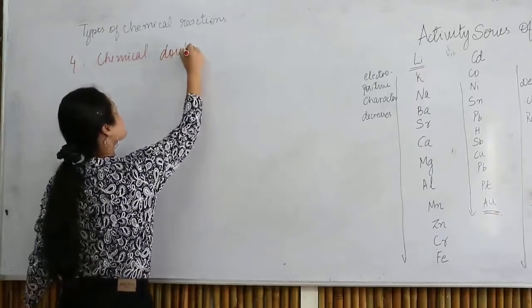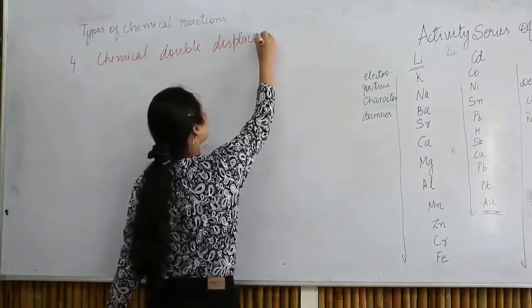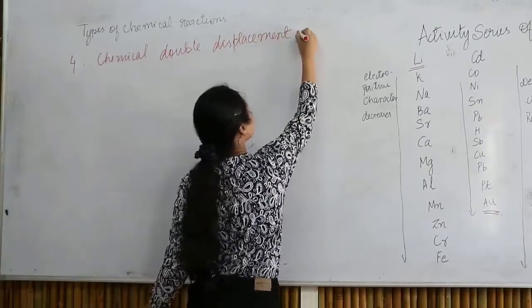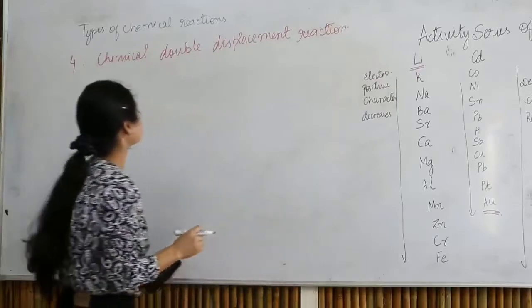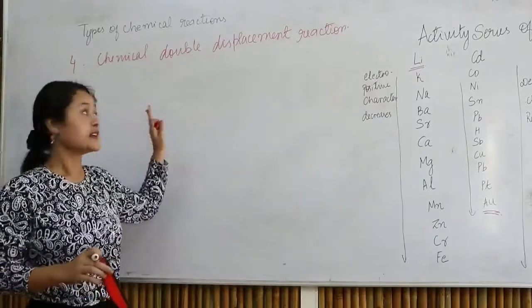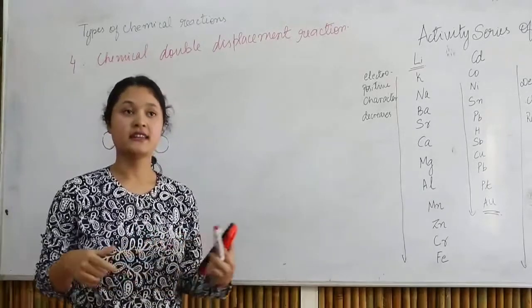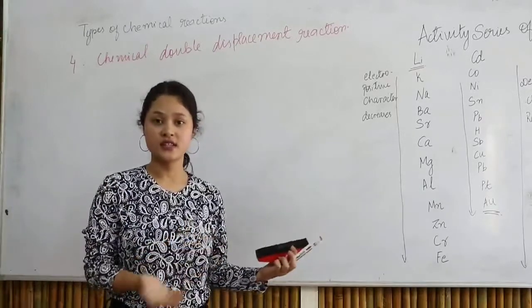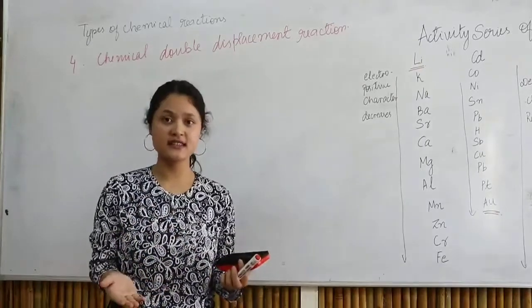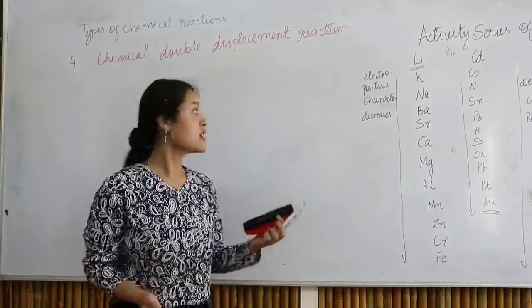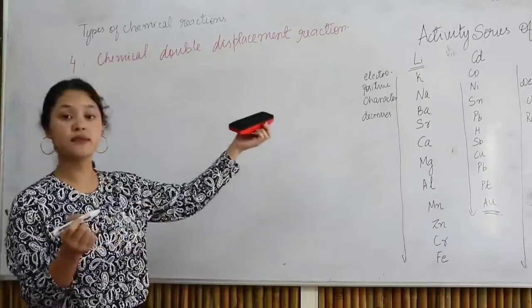Chemical double displacement reaction. When two ionic compounds in aqueous solution react by exchanging ions or radicals to form two new compounds, we call that reaction a chemical double displacement reaction.